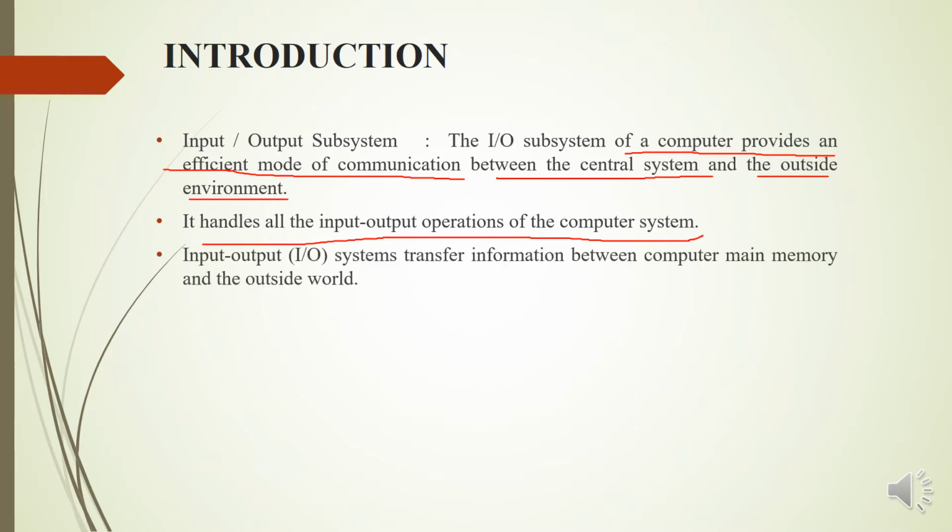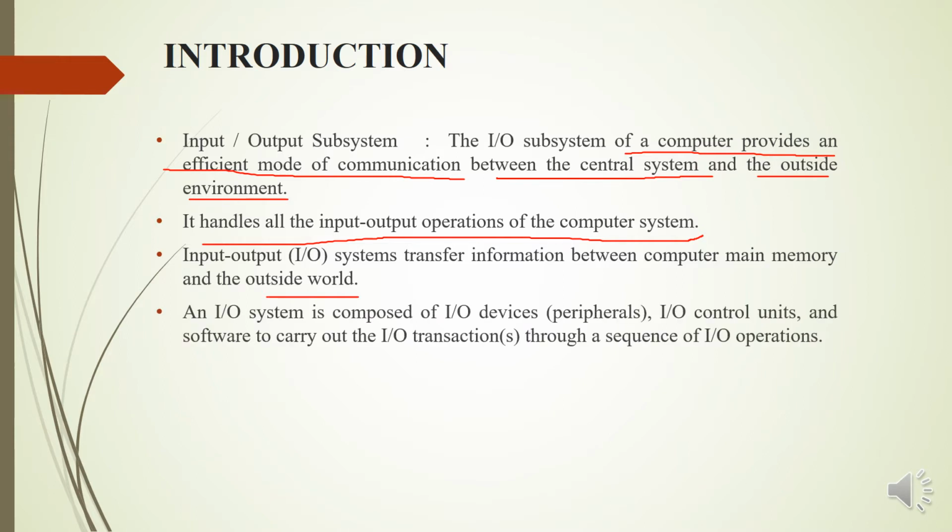Input-output system transfer information between computer main memory and outside world. An I/O system is composed of I/O devices, which are also called as peripherals, I/O control units, and software to carry out I/O transactions through a sequence of I/O operations.